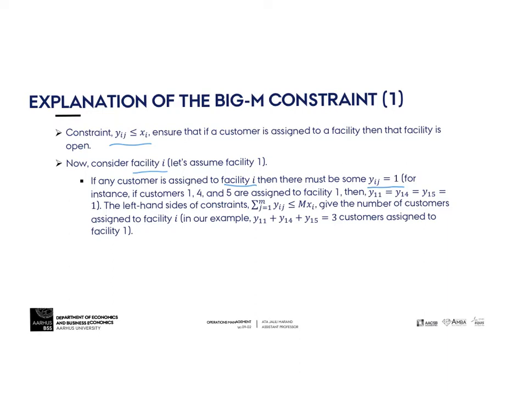So the left-hand side of the constraint, the sum of y_ij, should be less than or equal to M x_i. This makes sure the number of customers assigned to facility i is limited: if x_i is open, then you can assign multiple customers to this facility.